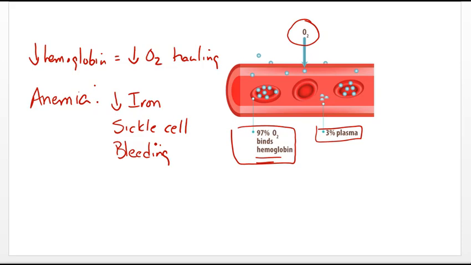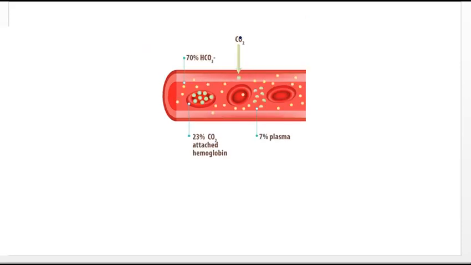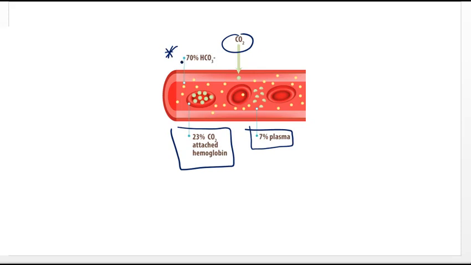Carbon dioxide is handled a little differently. Some binds to hemoglobin, about 23%. Some dissolves in plasma, about 7%. But most is converted to bicarb. That just means that the CO2 undergoes this chemical reaction.